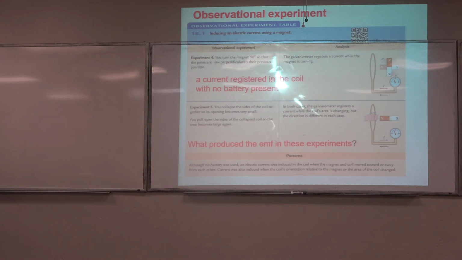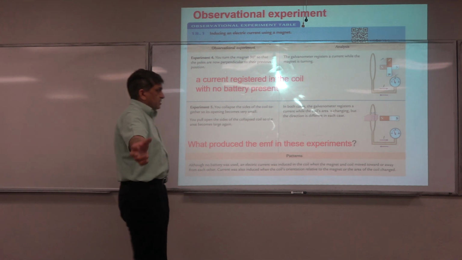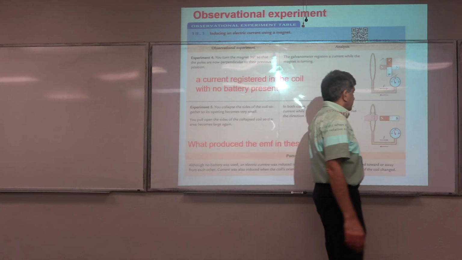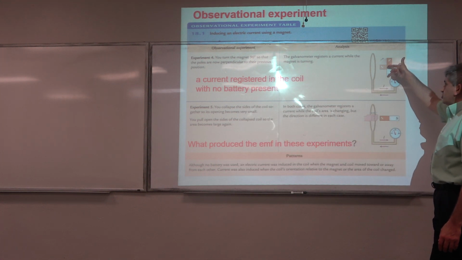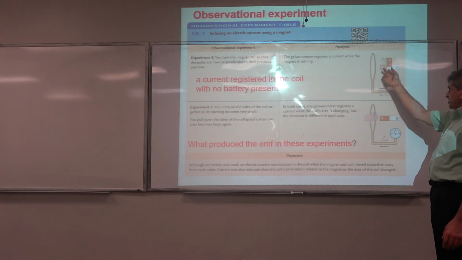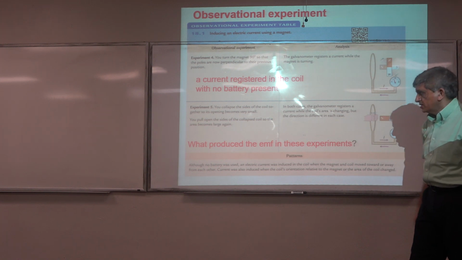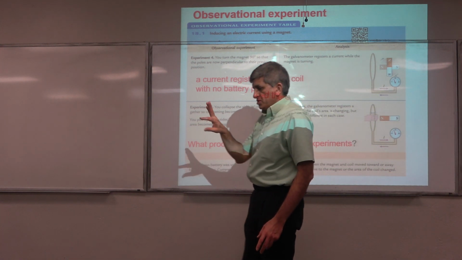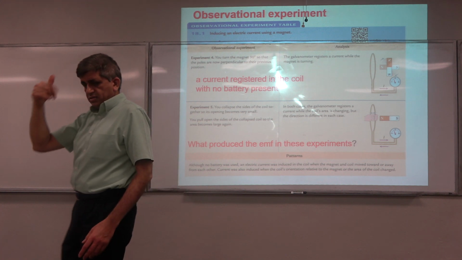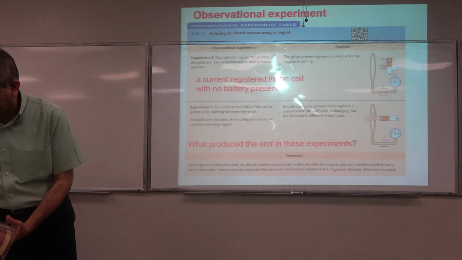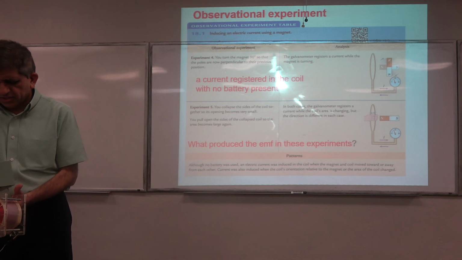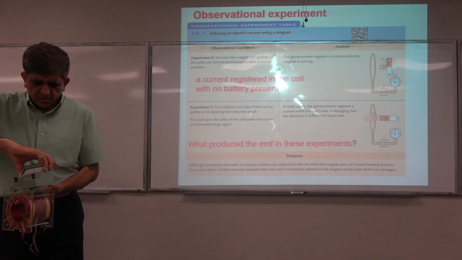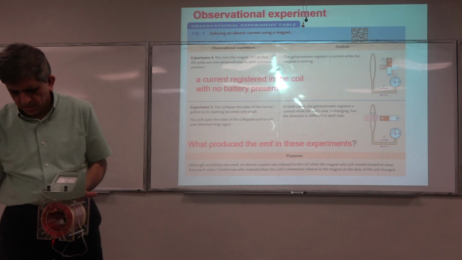Alright? Now, instead of moving the magnet inward or outward, let me rotate the magnet and then see the fun. The current is still registered as I rotate the magnet. Instead of moving backward or forward, I just do this.